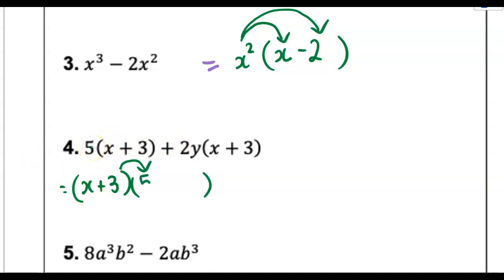It's going to be 5. What do I times x plus 3 by to get me 2y times x plus 3? It's 2y. So if you think about what we did above, we've basically split this bracket up in here, and we've reversed our expansion. So that's why I like to not use the FOIL method.